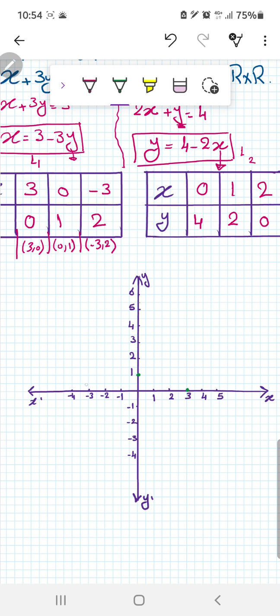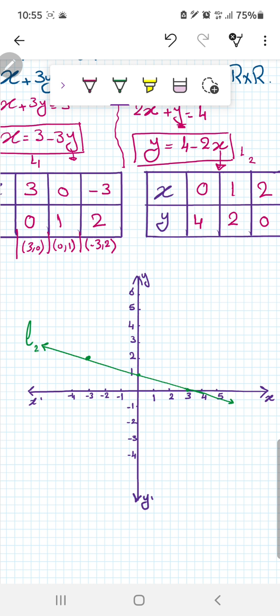Negative 3 and 2. As we said, the 3 points must be on the same straight line. So here we have the straight line of L1 using your ruler. So here the first straight line, L1. Okay.